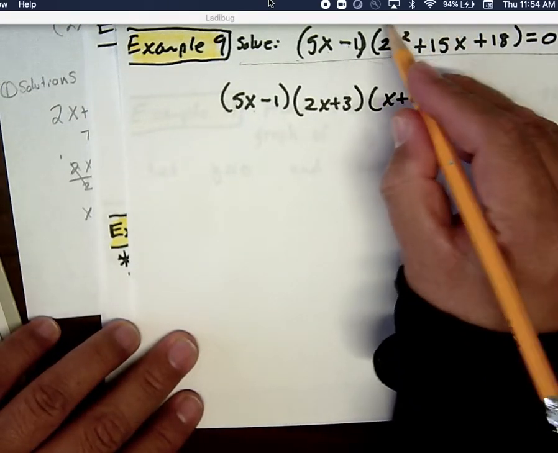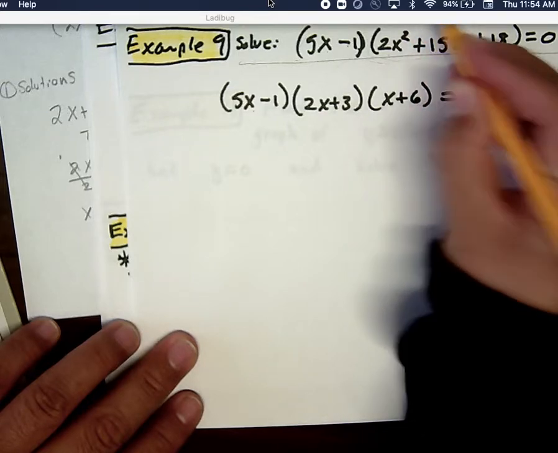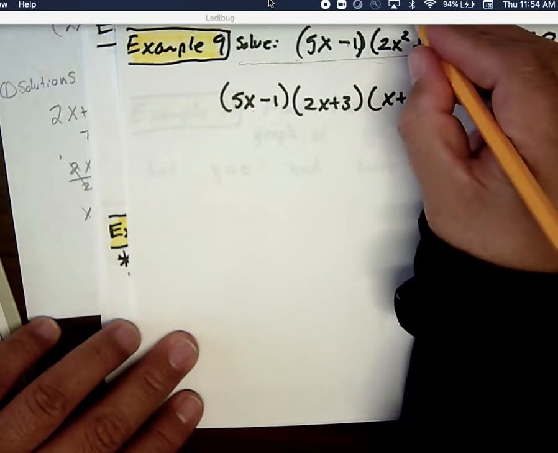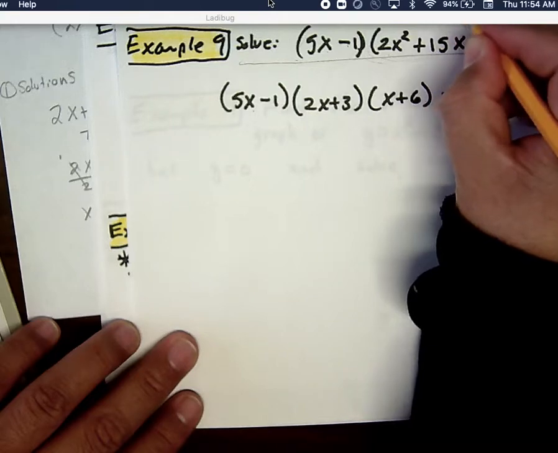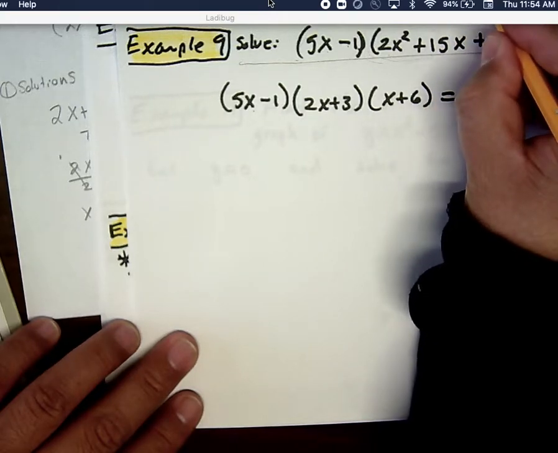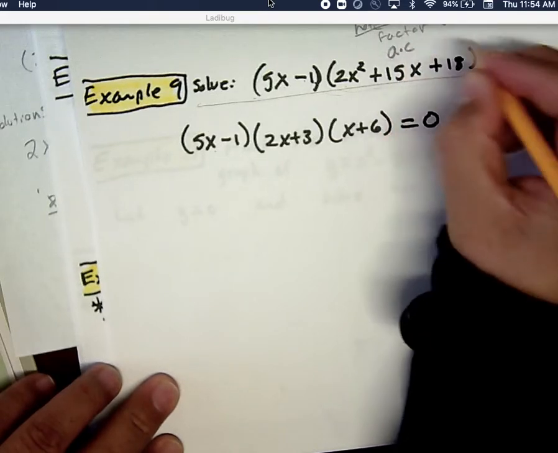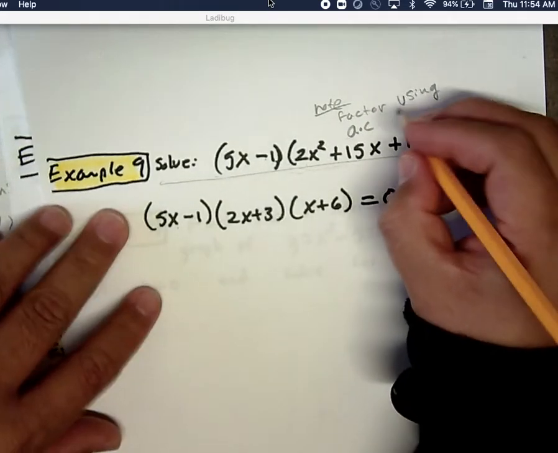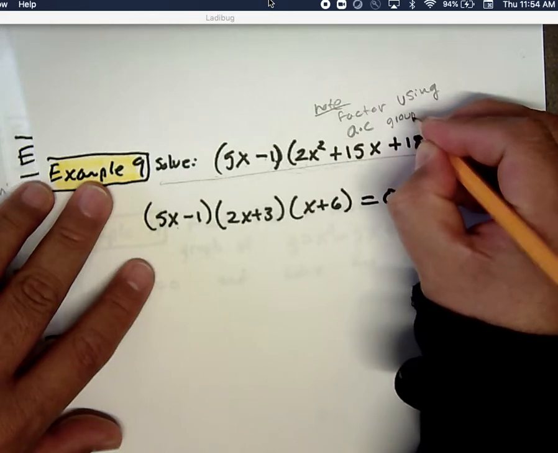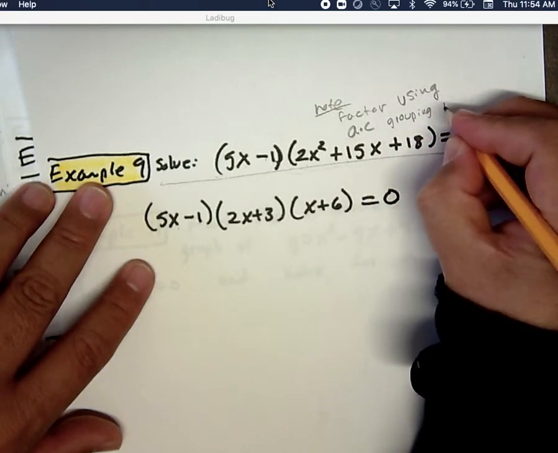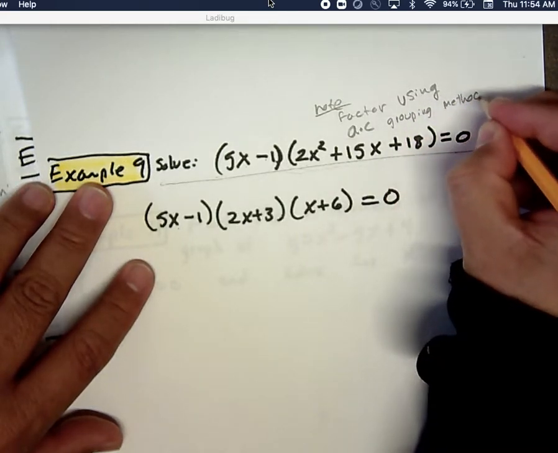So I'm just going to put a note here. So you would have to factor using the A times C grouping method, like I just did on the previous one.